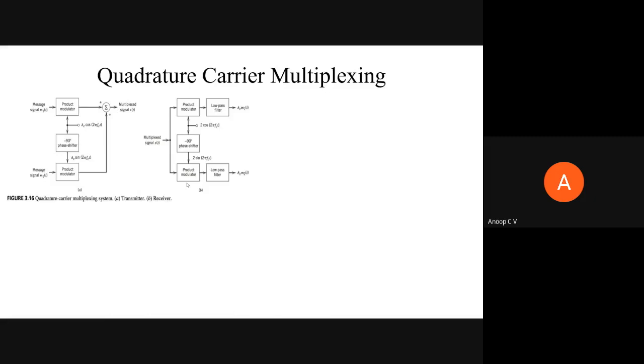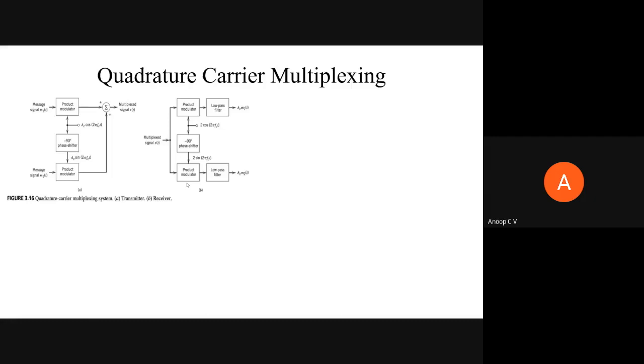That is quadrature carrier multiplexing, and at times it is also called QAM, quadrature amplitude modulation. But I would never suggest you call this QAM. QAM itself is another digital bandpass modulation technique which we'll study later in higher semesters. So I recommend you call it quadrature carrier multiplexing.